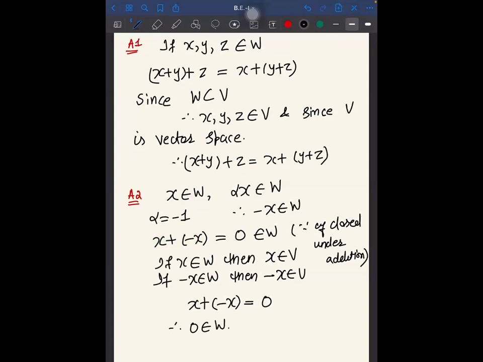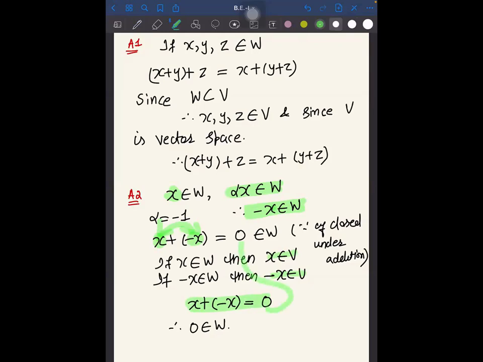So we want to prove that W is a vector space, so it must have each and every property of a vector space. Now it is also having the identity, which we have proved. Why? Step by step. Since it is closed under scalar multiplication, alpha X will belong to W, so we choose a particular value of alpha, and minus X should belong to W. Now it is also closed under addition, so X plus minus X, whatever the result is, should also belong to W. But since X and minus X belong to V, their addition will generate the identity element.